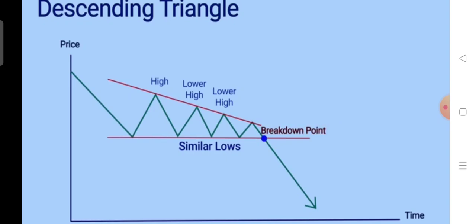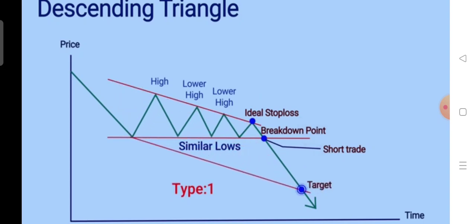We can take a short trade with a stop loss just above the nearest swing high. The target would be, if we draw a parallel line from the first low that was hit during the descending triangle formation, we may get the target for this move.